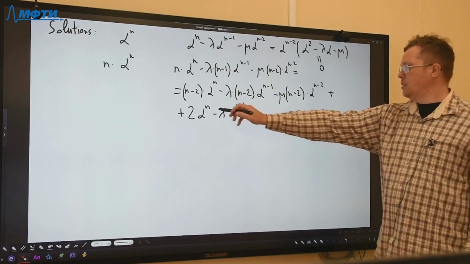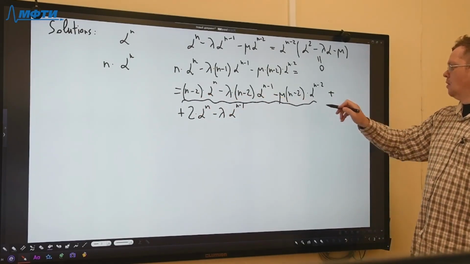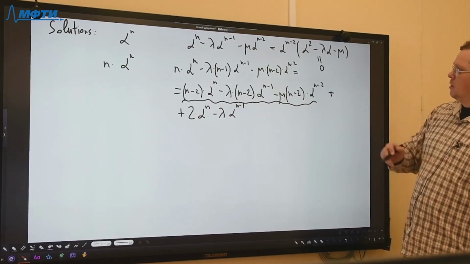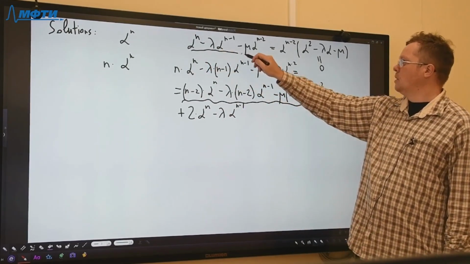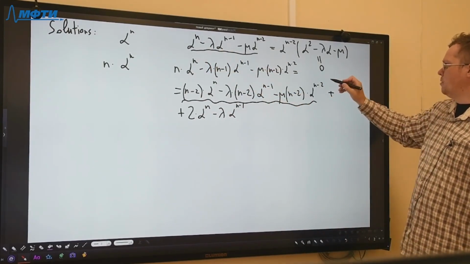Then we see that the first part is nothing but the previous identity times (n minus 2), so this will be 0.